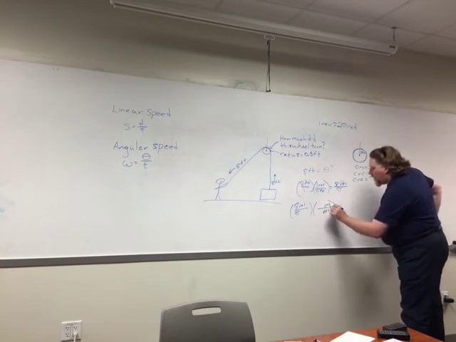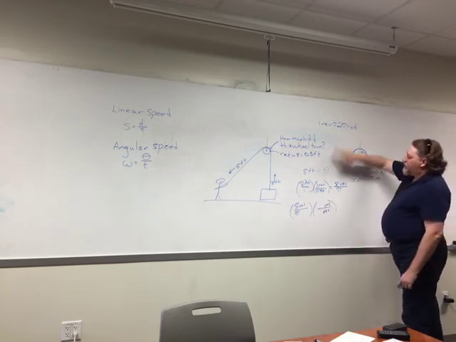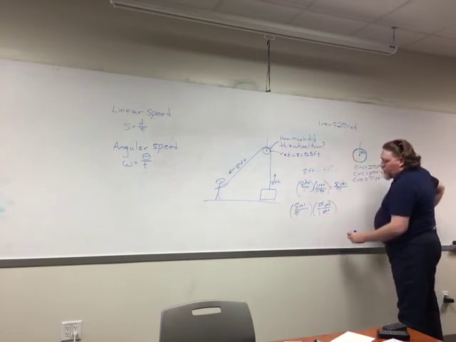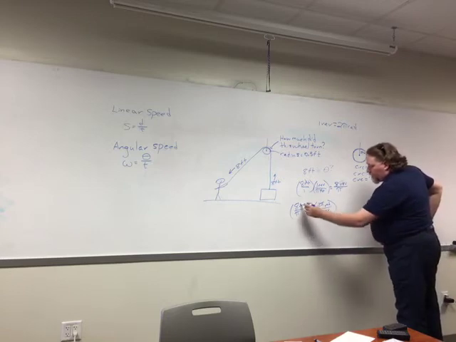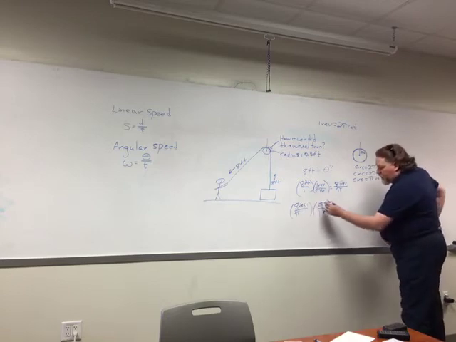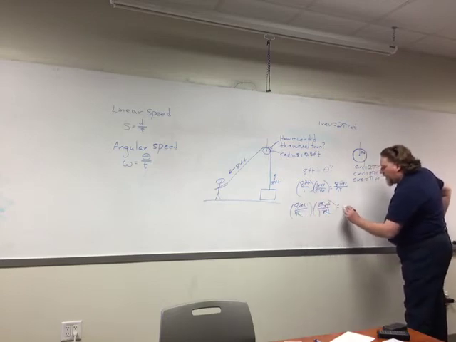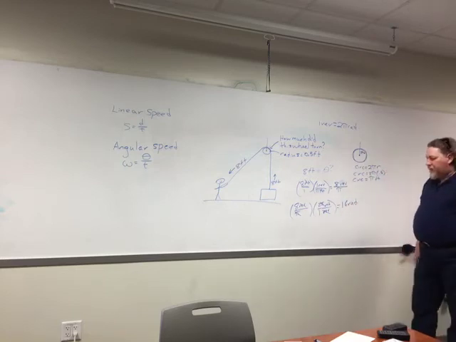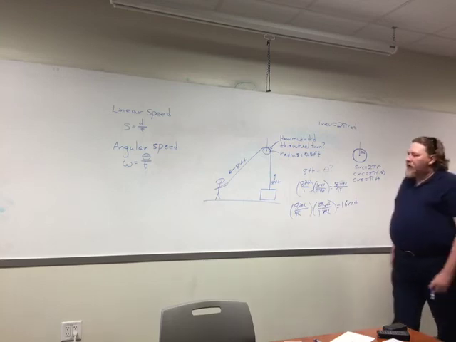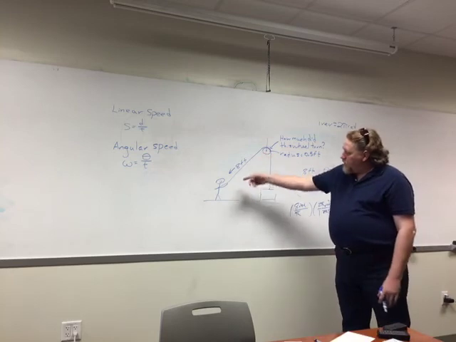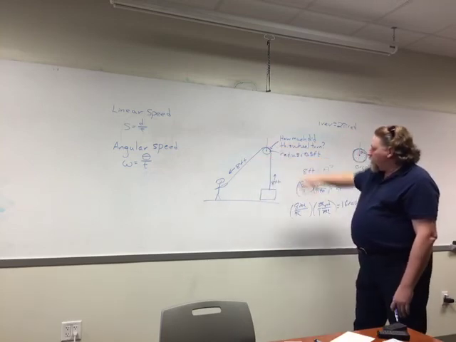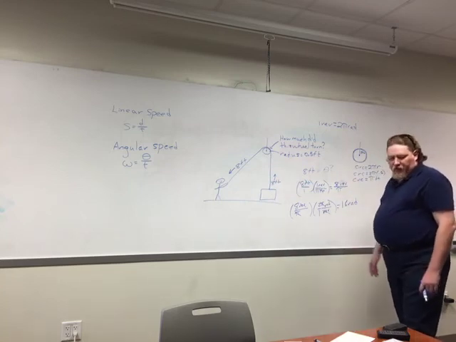I'm going to put radians on top. 2 pi goes with the radians, 1 goes with the revolutions, and now revolutions cancel with revolutions, but also pi cancels with pi, and I get 16 radians. The wheel has turned 16 radians. So here we have a linear relationship, feet, meeting up with a rotational relationship, radians or revolutions.